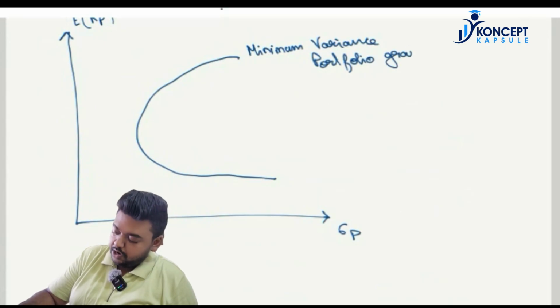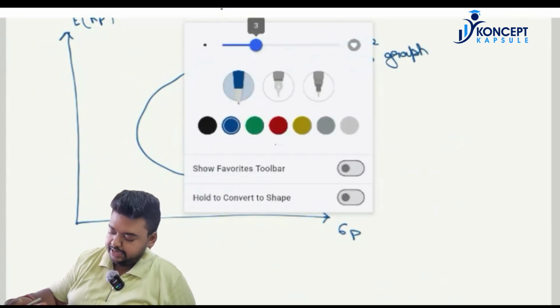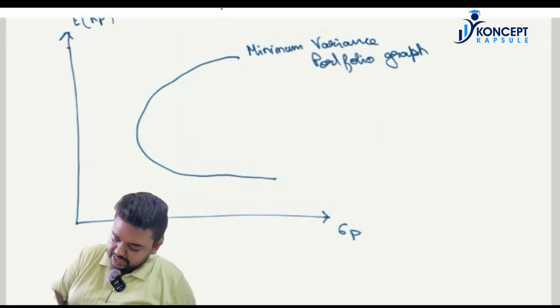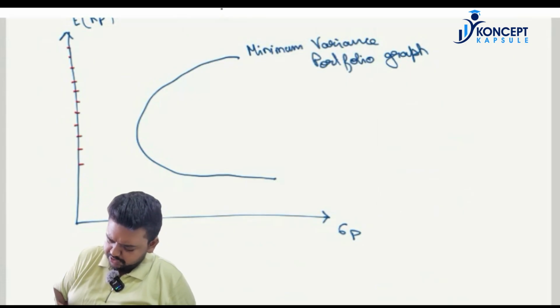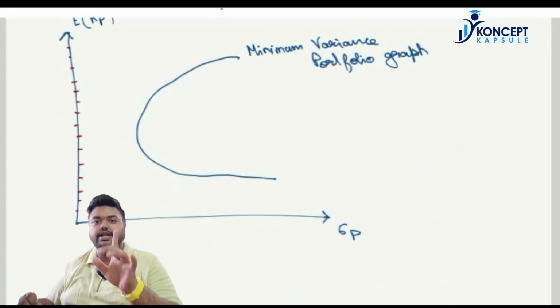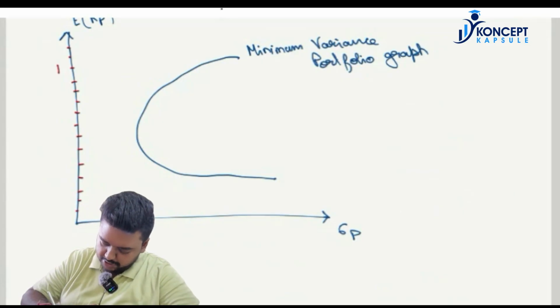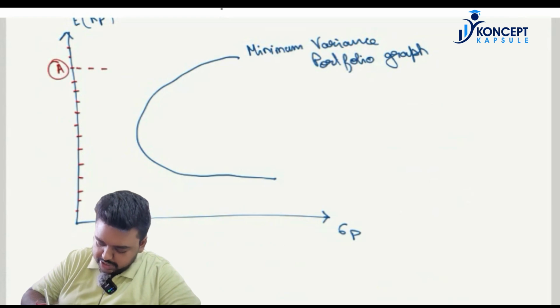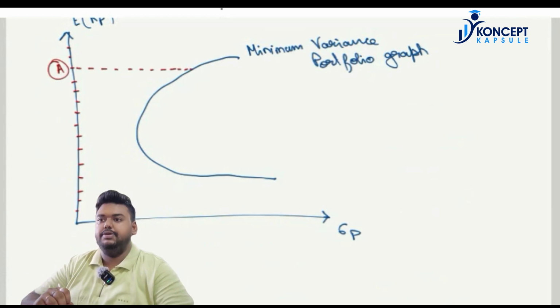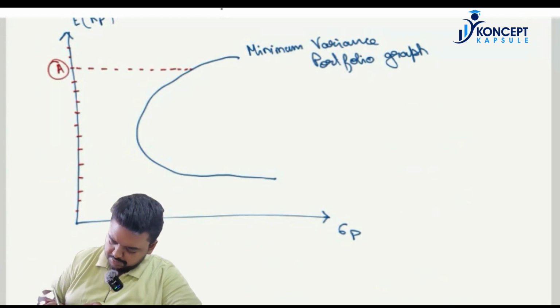Now over here, if you will notice one thing, for every level of return, there is only one risk point. So, for example, if you consider return at point A, there is only one possible risk situation. Similarly, if you consider point B, there is only one possible risk situation.